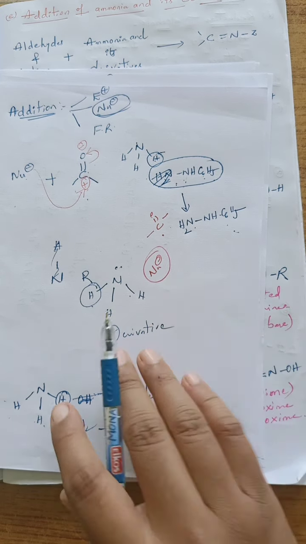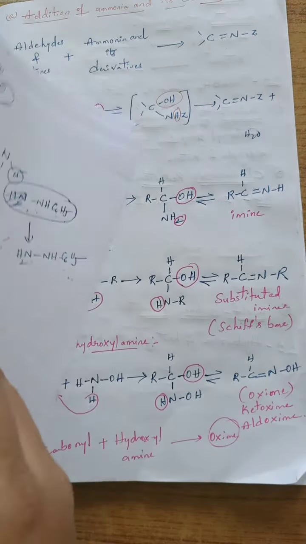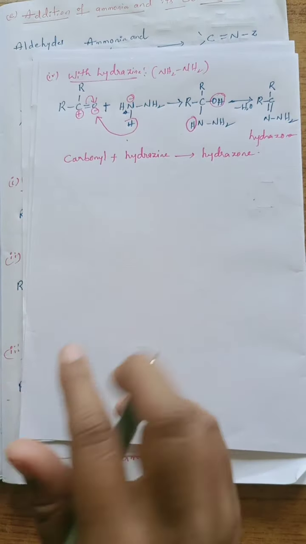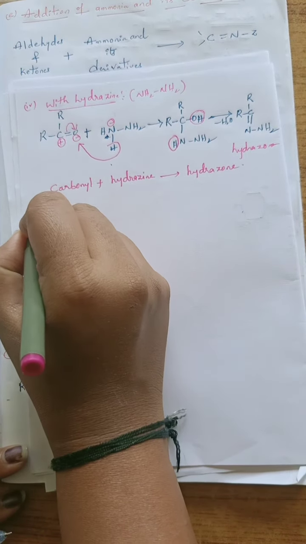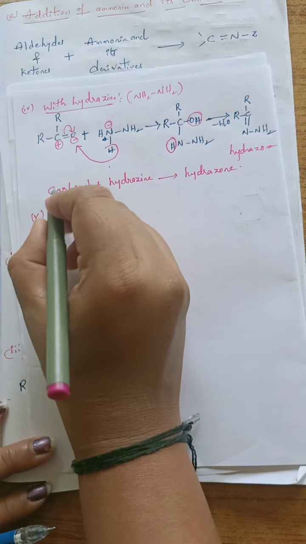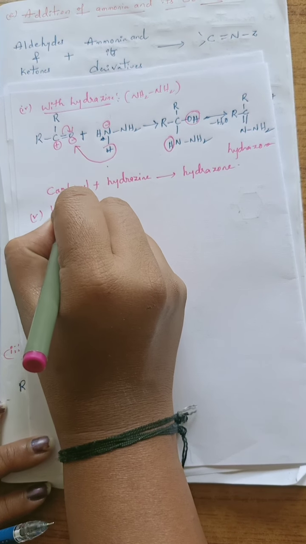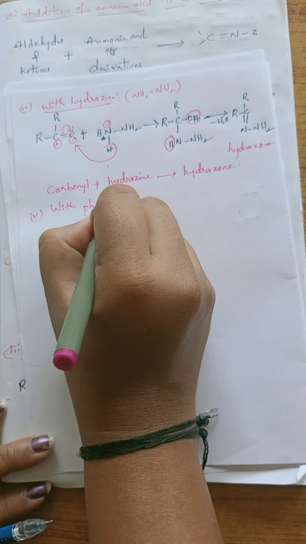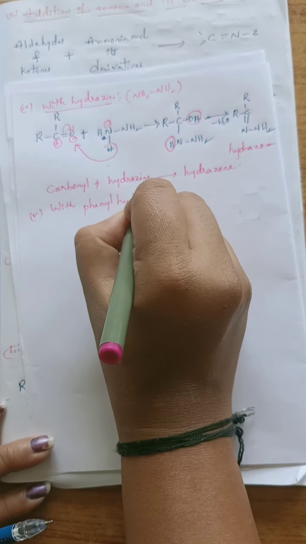Now this phenyl hydrazine reacts with a carbonyl compound. The fifth reaction of carbonyl compound is with phenyl hydrazine.